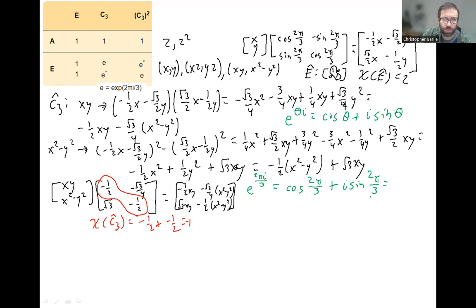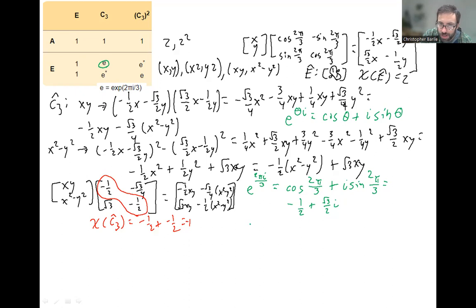And what does that equal? Well, cosine 2 pi over 3, we've been down this road before, equals -1/2, and sine 2 pi over 3 equals √3 over 2. And so we're going to have plus √3 over 2 i. So that's what E is equal to.